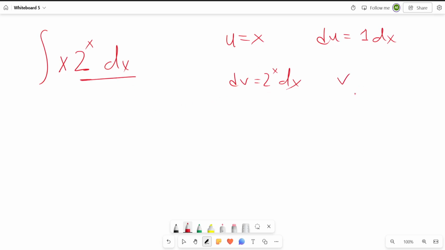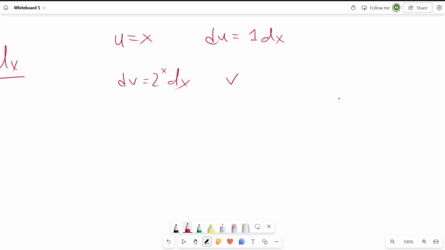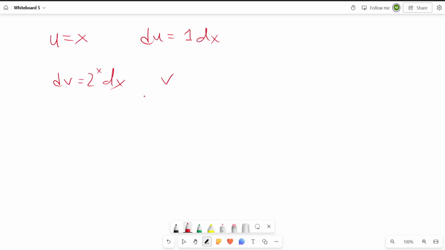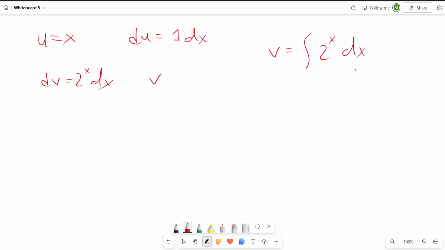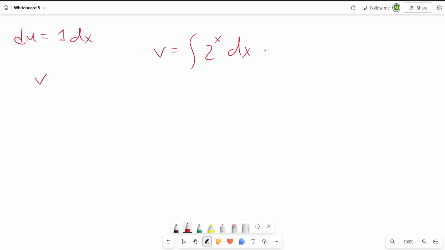So to get v, I will need to integrate this dv, because going from dv to v, I need to integrate. So my v is going to equal the integration of 2 power x dx. Okay, how can we perform that integration? Let's rewrite it in a clever way.